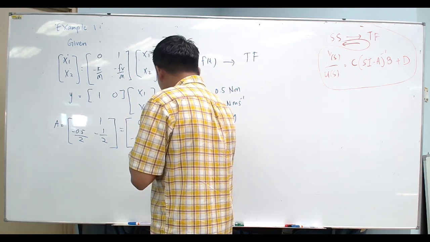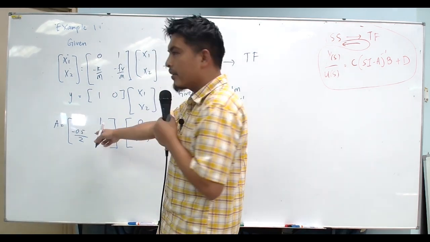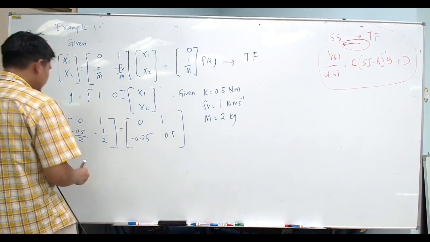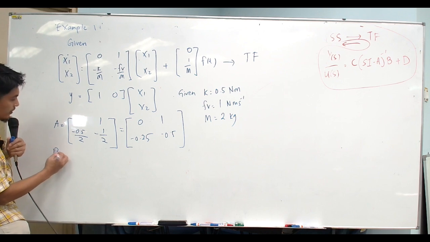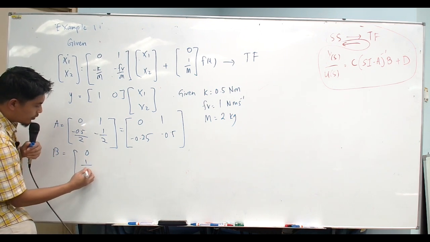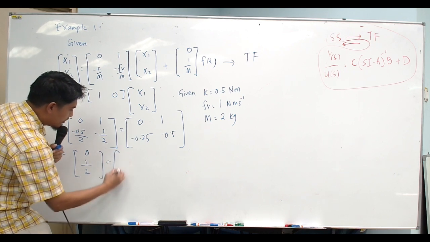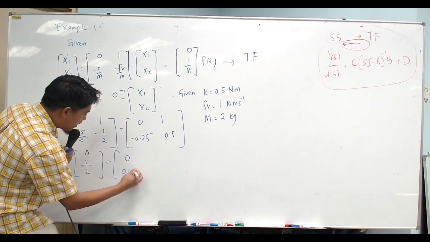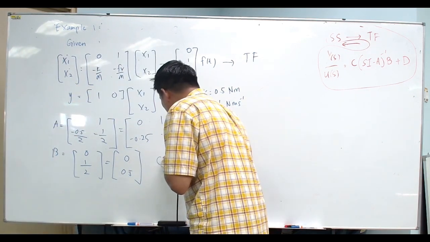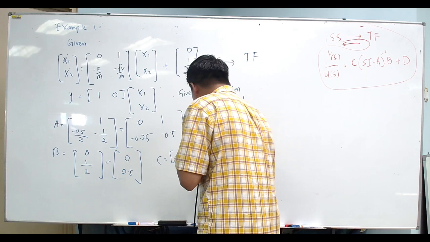Is it correct? Right? And then after that, your B matrix is 0, 1 over 2, which is 0 and 0.5. Your C matrix is 1 and 0.